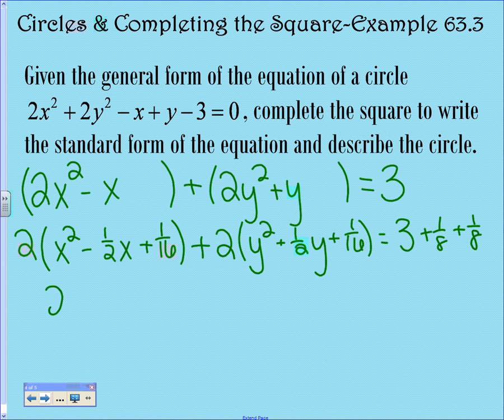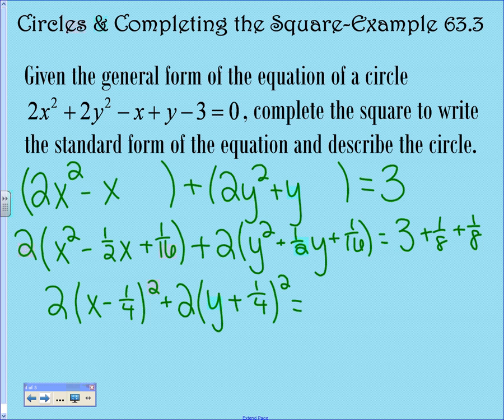So this is 2 times x minus 1/4 squared plus 2 times y plus 1/4 squared equals 1/4 plus 13 over 4.